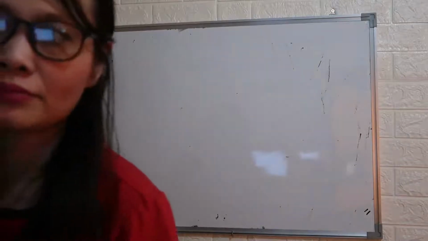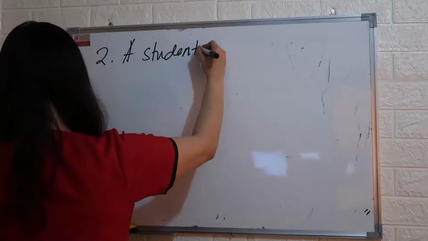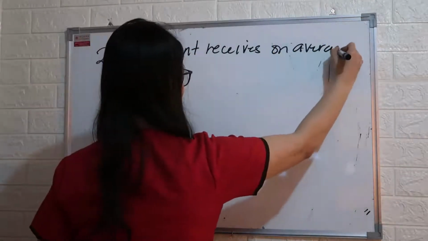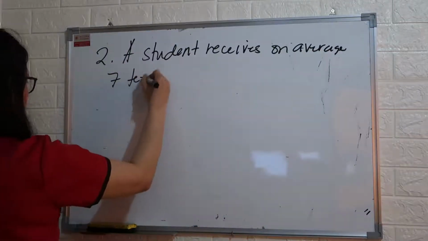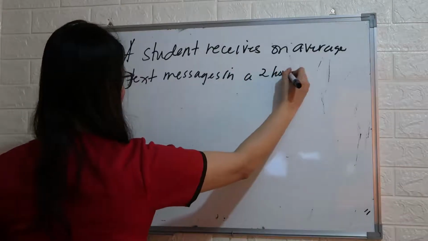So number 2 example. A student receives on average 7 text messages in a 2-hour period.